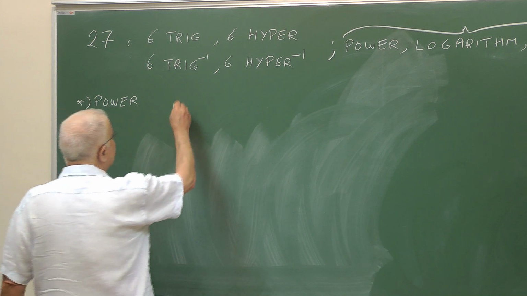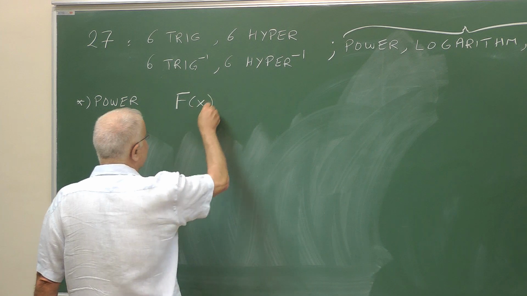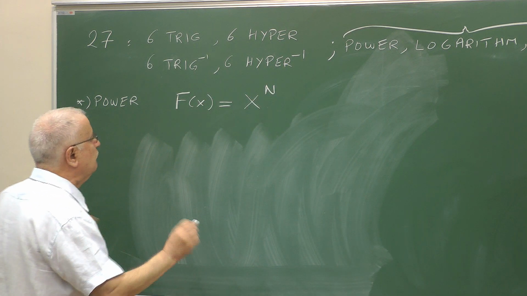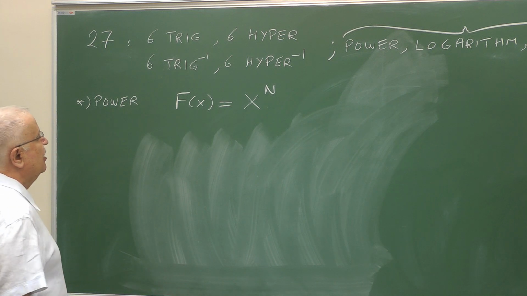So this is basically f of x is x multiplied with itself n times, n being a positive integer.